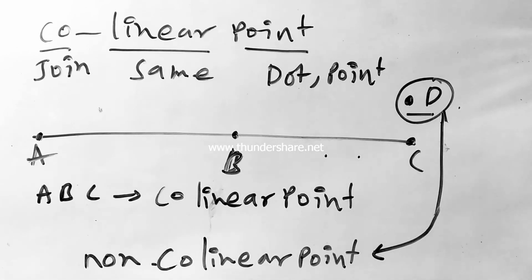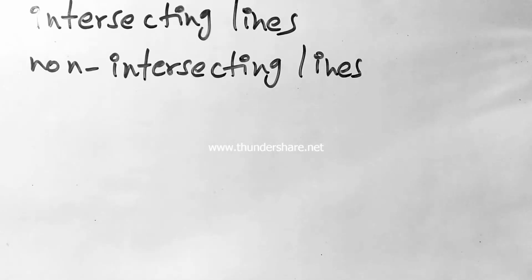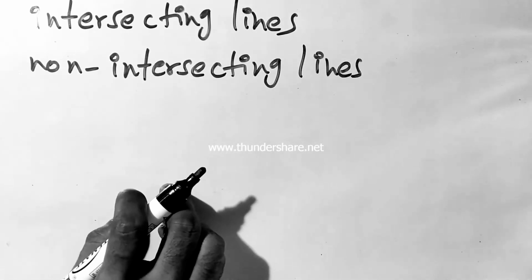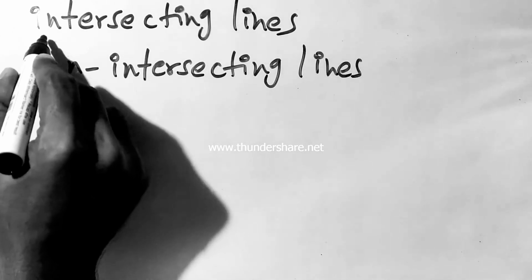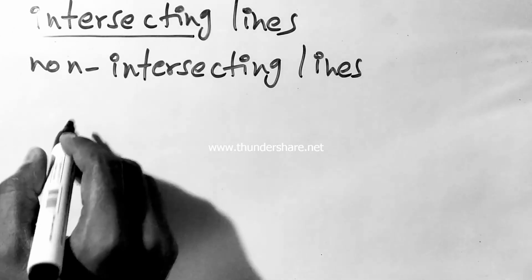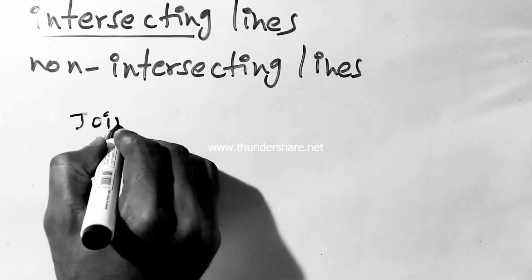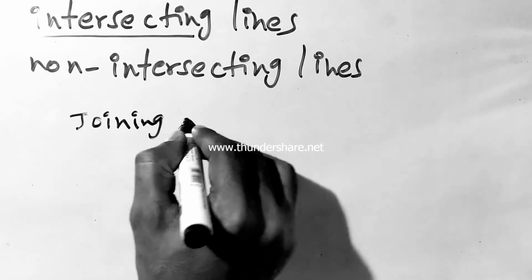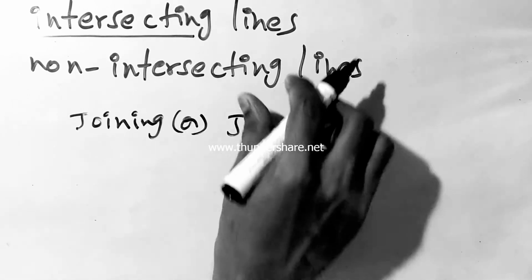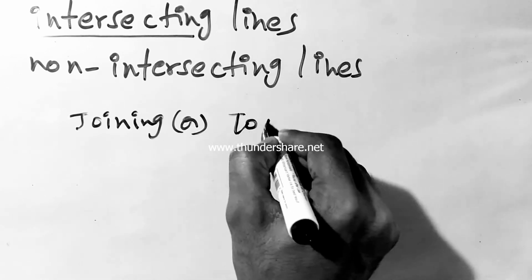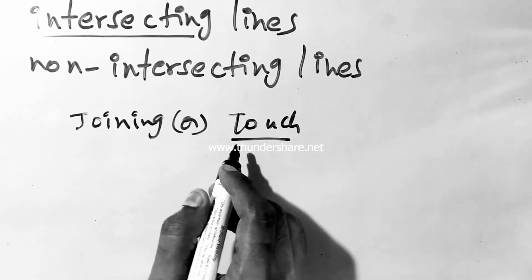Now, intersecting lines and non-intersecting lines. The name itself says it. Intersecting means joining or touching, that is, crossed.